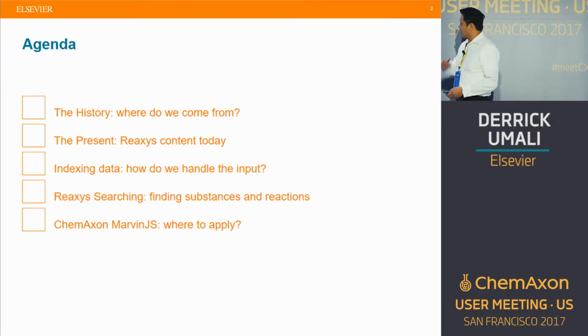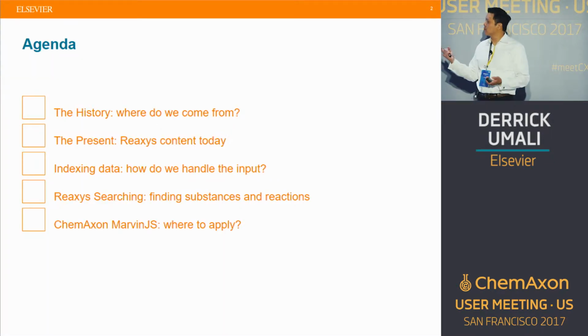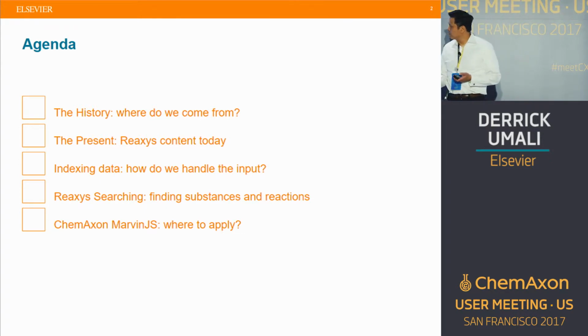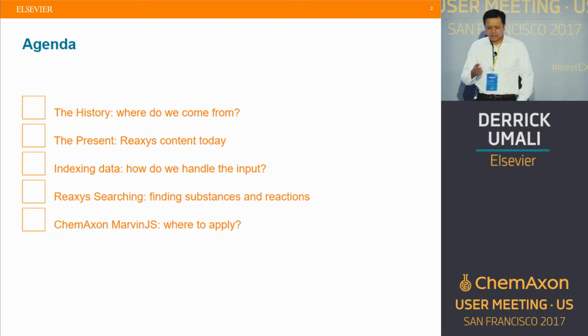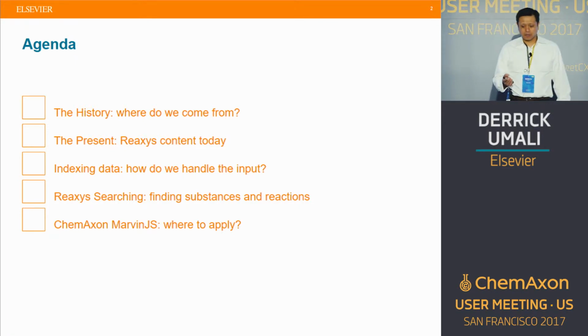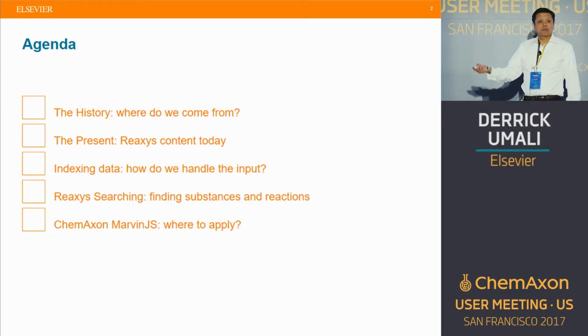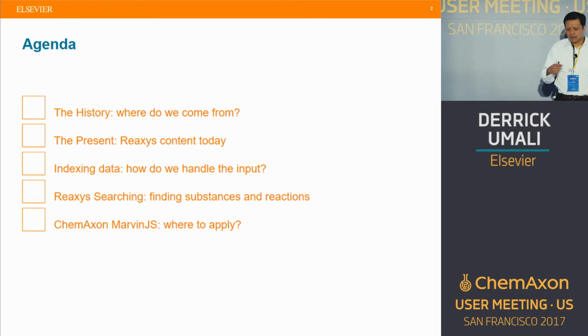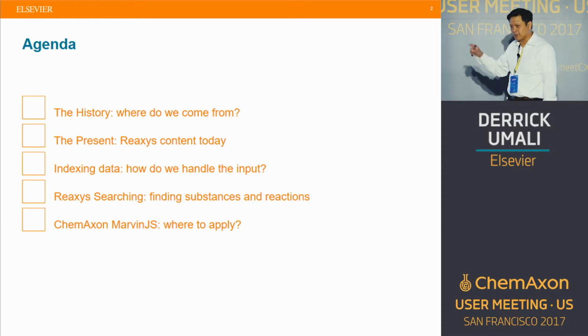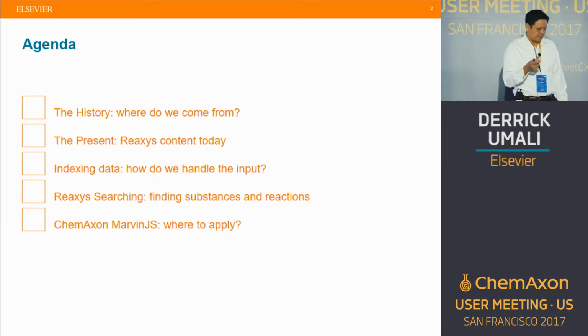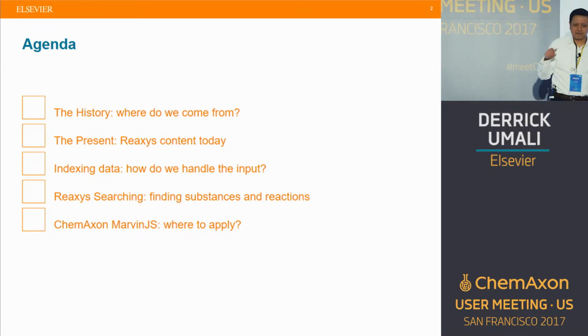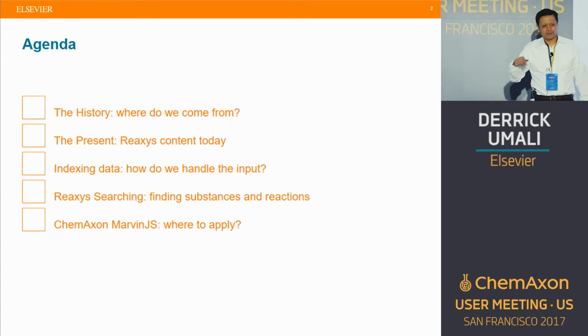So our quick agenda: the history, where Reaxys comes from; the present Reaxys content today; indexing data, how we handle the input, so it's a good overview of how we're getting this data into Reaxys; and then Reaxys searching. I've probably done the most Reaxys trainings out of the whole world.